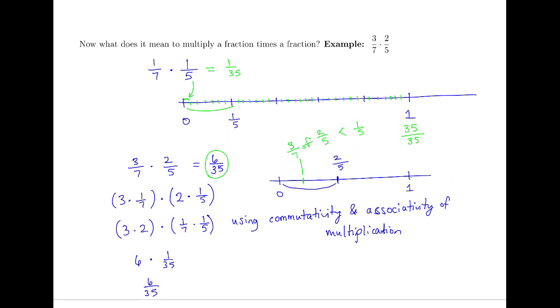Okay. Hopefully you noticed that when we did the multiplication, 3/7 times 2/5, the product basically was just multiplying the numerators and multiplying the denominators.